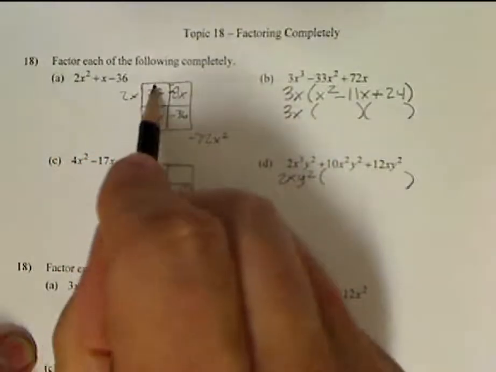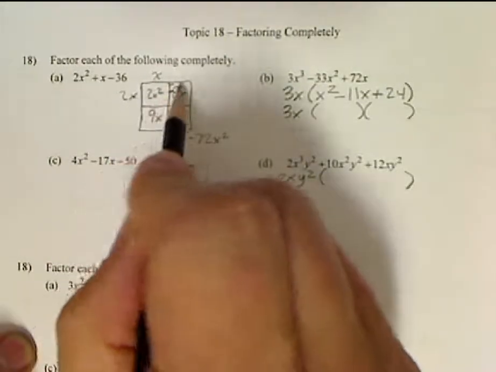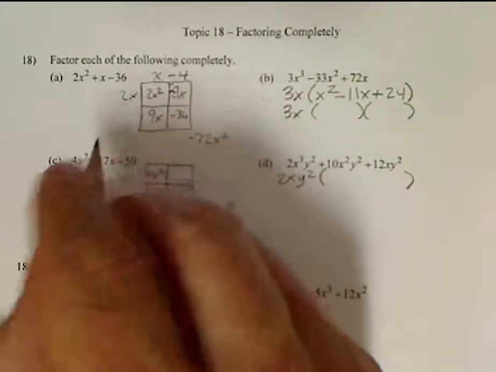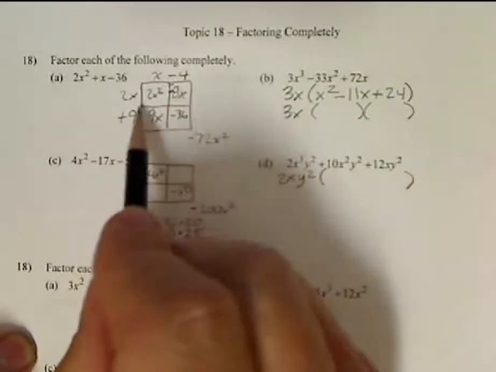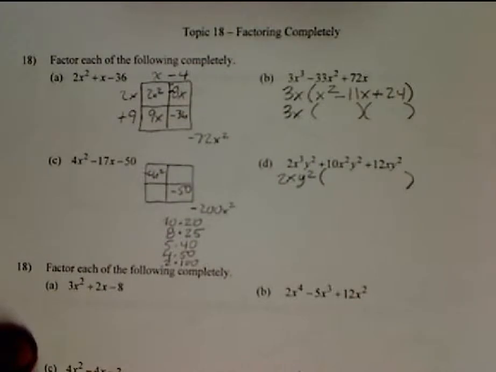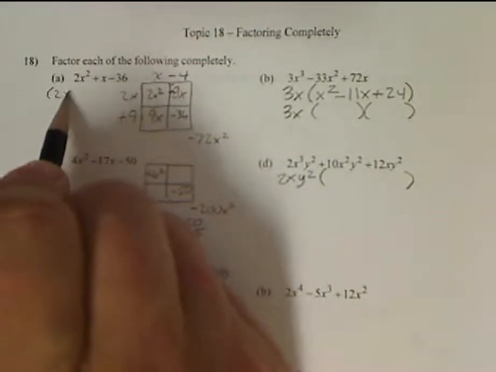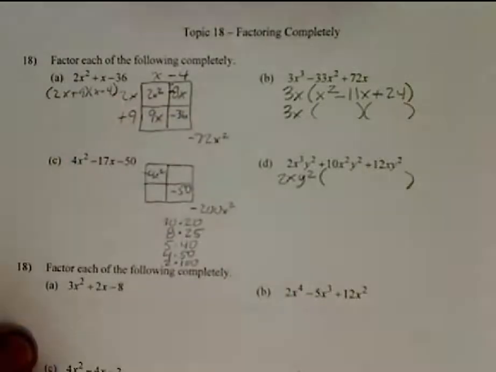Then I have 2x times x, 2 times 2x times negative 4. Then I have x times 9. And then check, negative 4 times 9 is negative 36. So this factors to 2x plus 9, x minus 4.